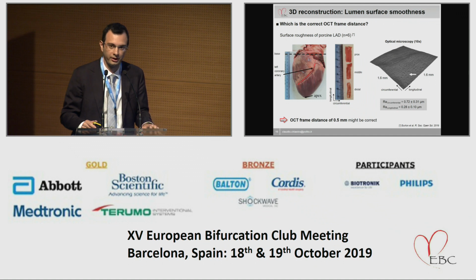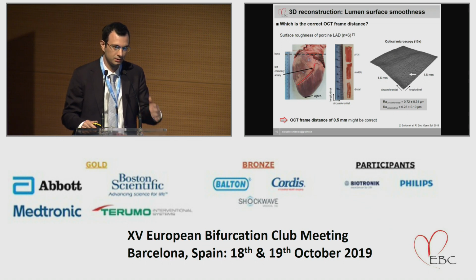So, which is the correct OCT frame distance to be chosen? In a very recent study, the surface roughness of 6 porcine LADs was measured using optical microscopy. On the right, you can see the 3D reconstruction of a portion of the lumen surface, which represents an area of 1.6 by 1.6 millimeters.